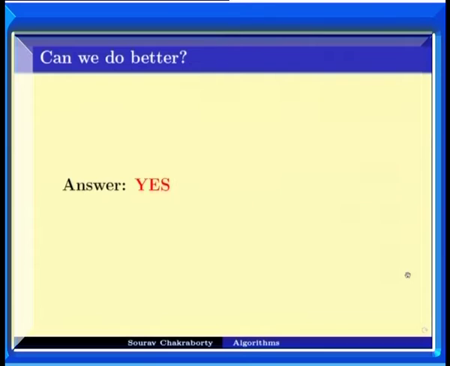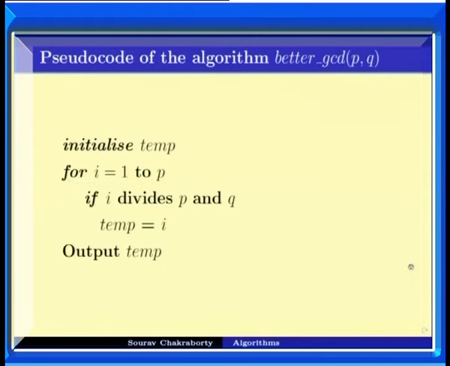In the last lecture, we saw a better algorithm, in which instead of storing this whole array, we only store a single variable temp, and as soon as we found an i that divided both p and q, we updated temp to i, and at the end temp contained the GCD of the two numbers p and q, which we output.